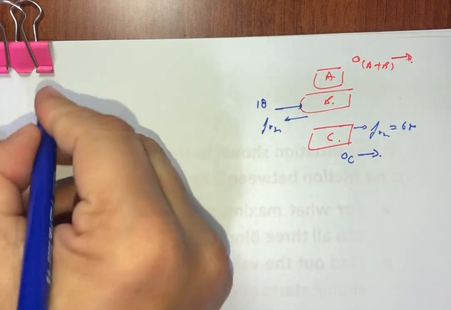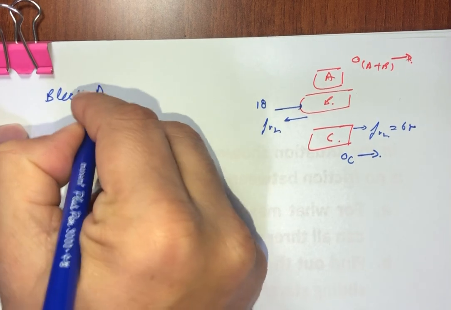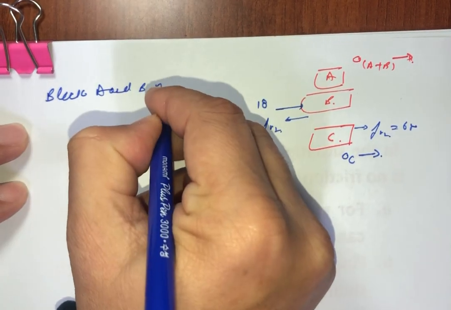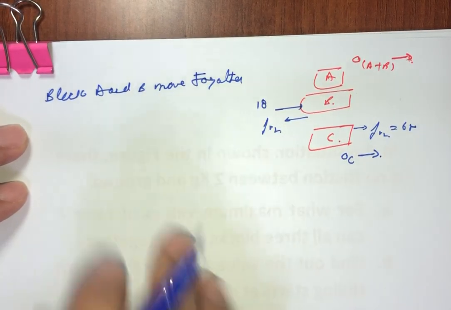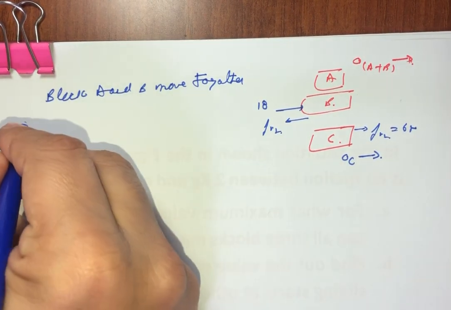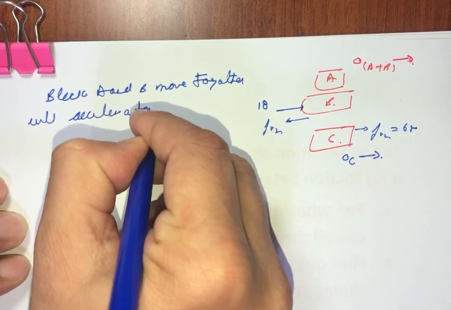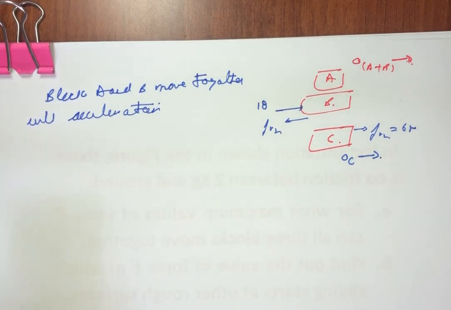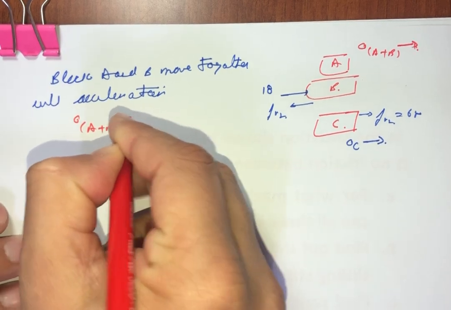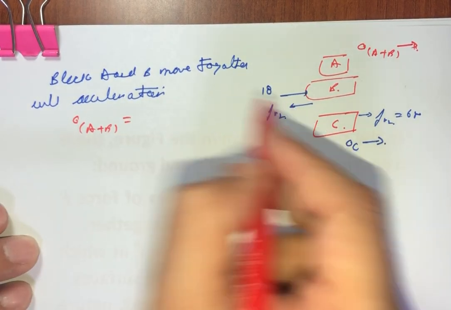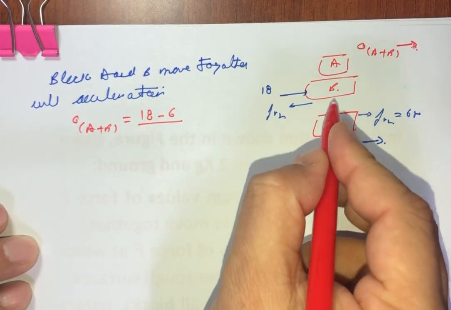So block A and B move together with acceleration A plus B, which is equal to 18 minus 6 divided by 1 plus 2.